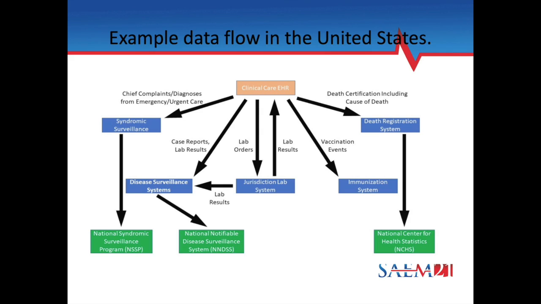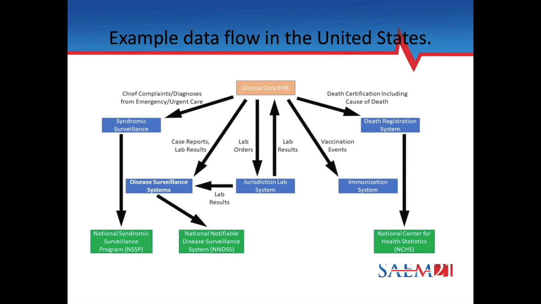I wanted to reiterate how syndromic surveillance works. It comes from clinical care, which would be the emergency departments, and there are so many things that can go in place. When we look at lab orders, that is where you see the COVID-19 variants.